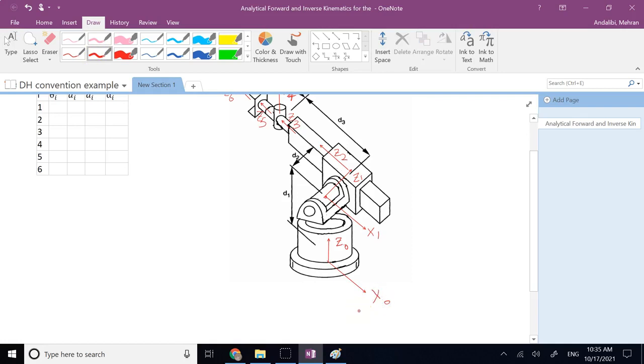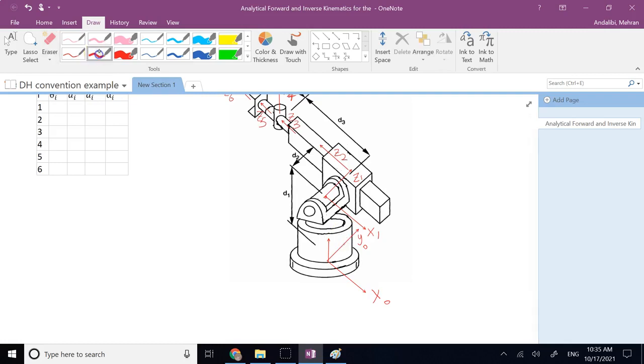If that is the case, then the only solution that exists for y0 is to be parallel to z1, basically, right? So it is going to look like this. This is going to be y0. And so now your frame 0 is complete.